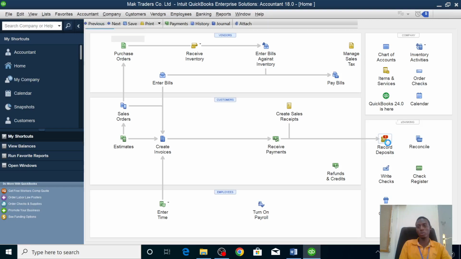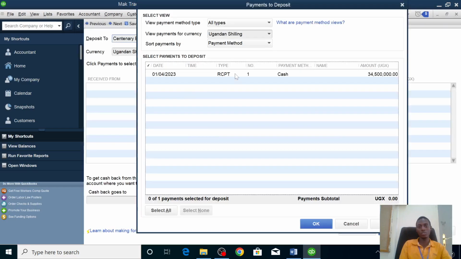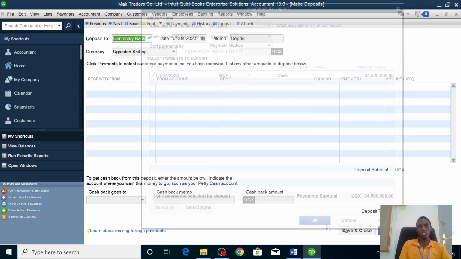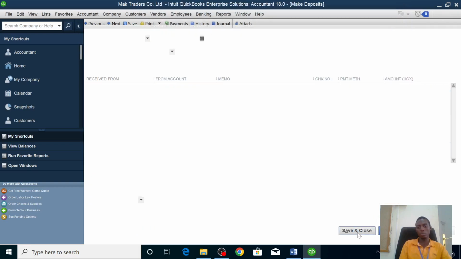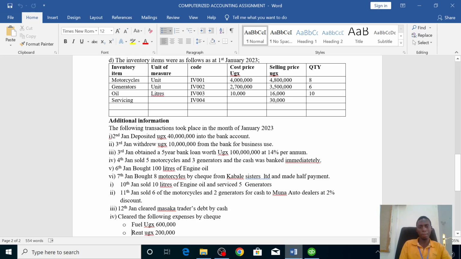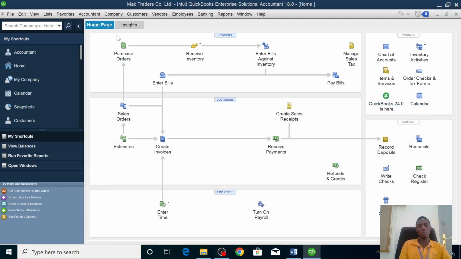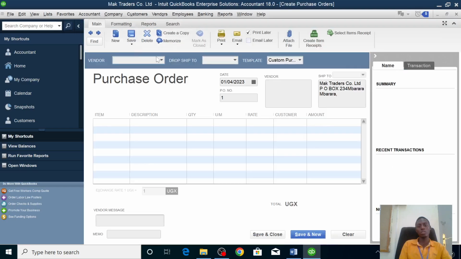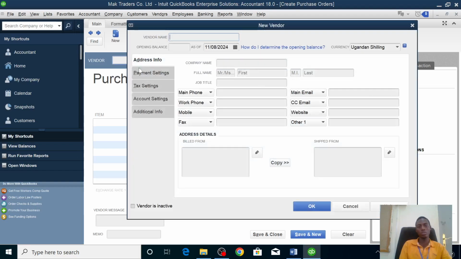Come here and record my deposits. Say yes, okay. Here I can deposit. Next transaction, bought 100 liters of engine oil on 6th. So it's a purchase. Come to purchase order, but we are not provided with a vendor, so we add a new one and say unknown, maybe not specified.